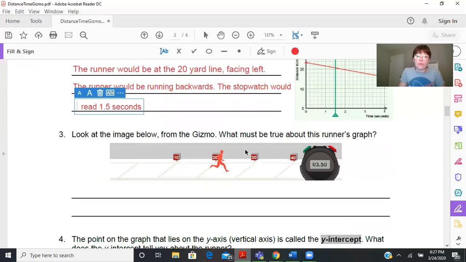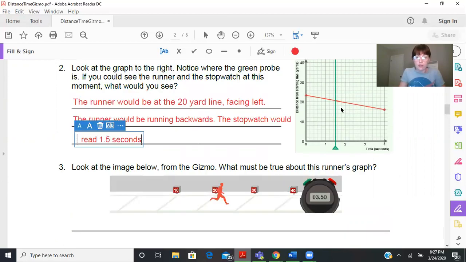Look at the image below from the gizmo. What must be true about this runner's graph? So if I look at the runner, he would have something called a positive slope, meaning that he is increasing distance. This one right here is a negative slope because I am decreasing distance.